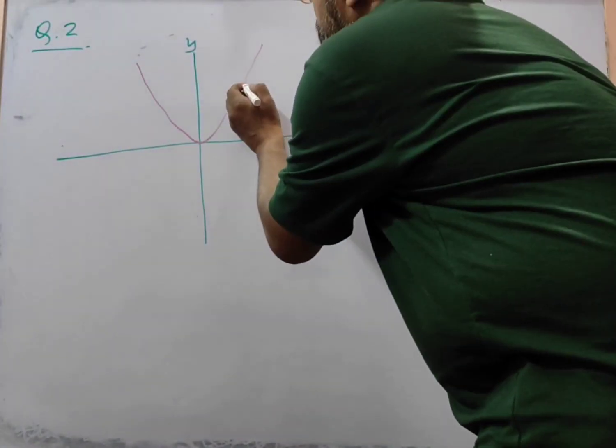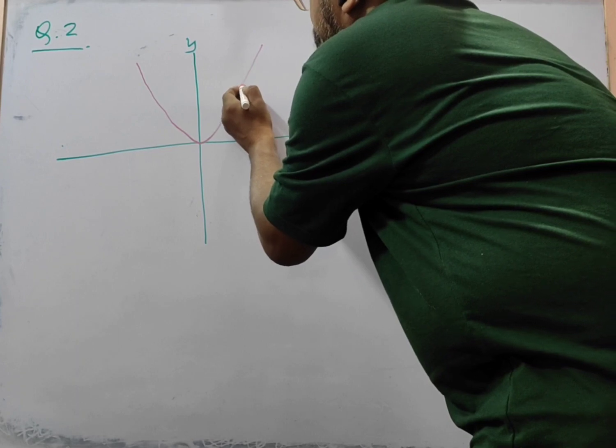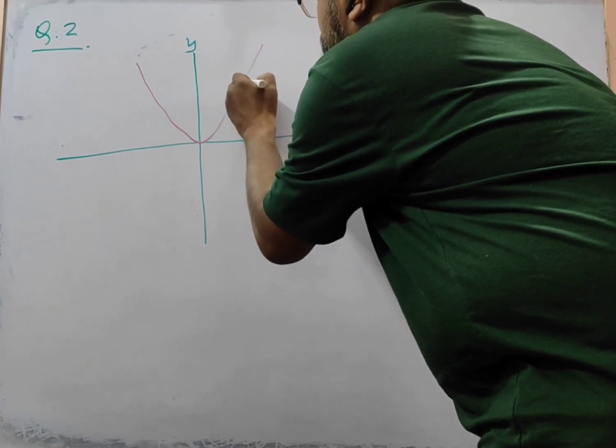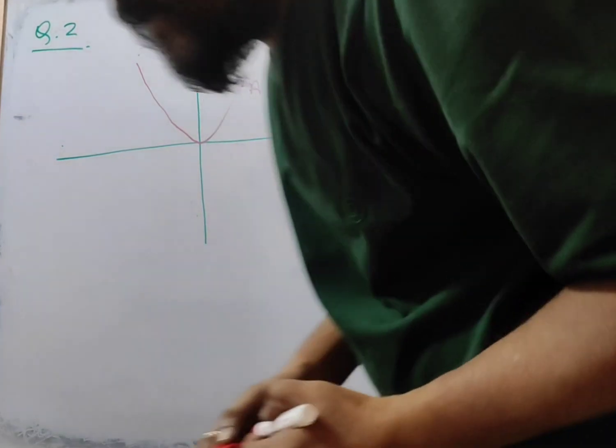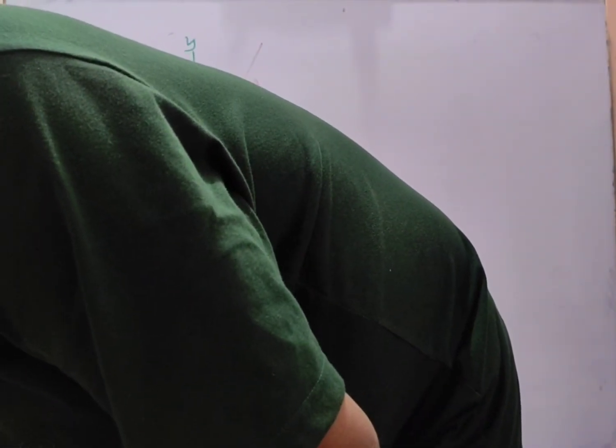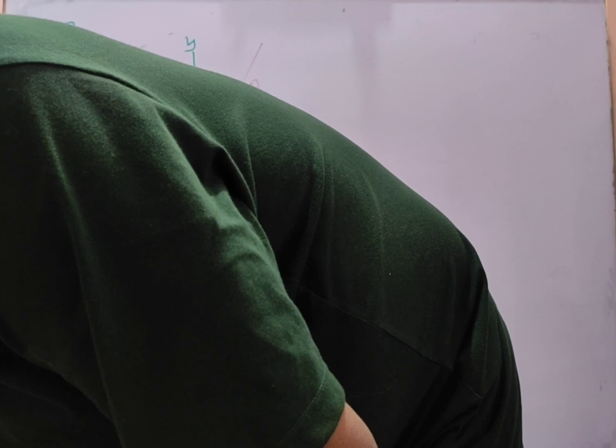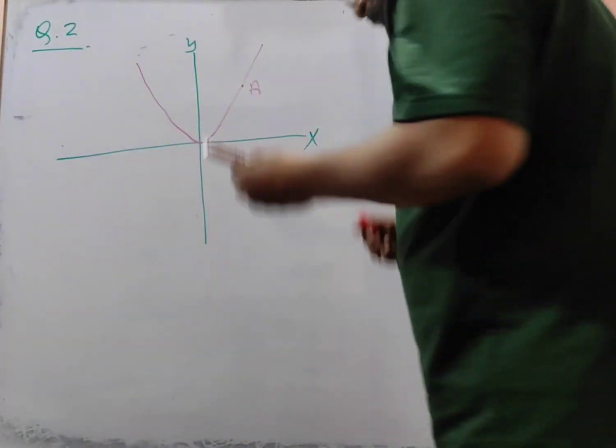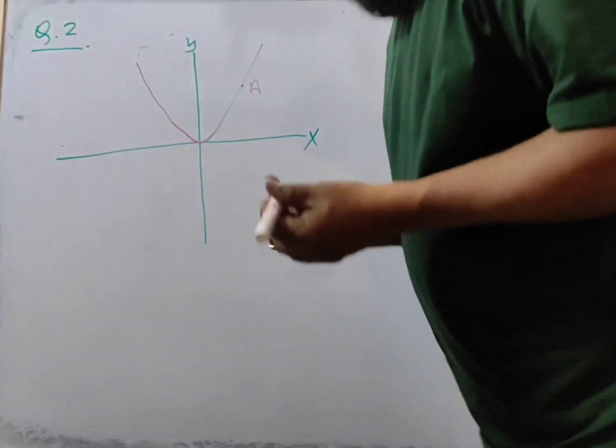It is having point A, right? And parabola is y is equal to x square.